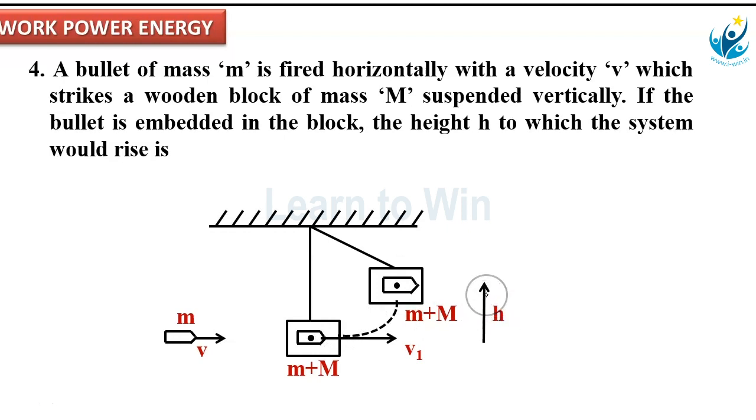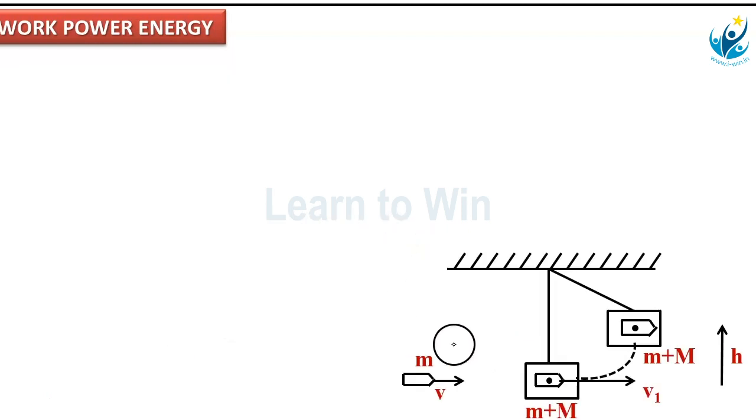So now we are going to find this h. For that, we have to use two principles at a time. What are the two principles? One is the work energy theorem. One more is the law of conservation of linear momentum. Law of conservation of linear momentum application. Here observe. The bullet is in motion. Initially the block is at rest, which means initially only the bullet has linear momentum.